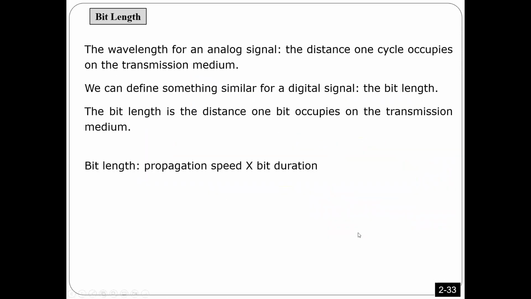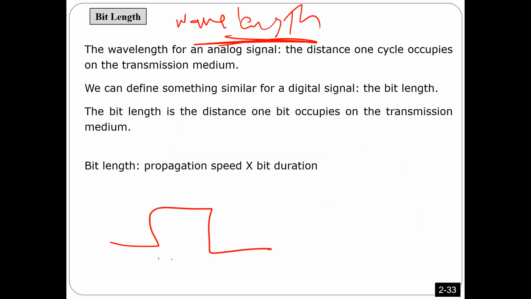The last thing I want to teach you before we take the attendance is the bit length. There's a definition called bit length, and this bit length is exactly similar to the wavelength I explained before. In the case of a digital signal, we call it bit length. It is the distance this bit takes in the medium.